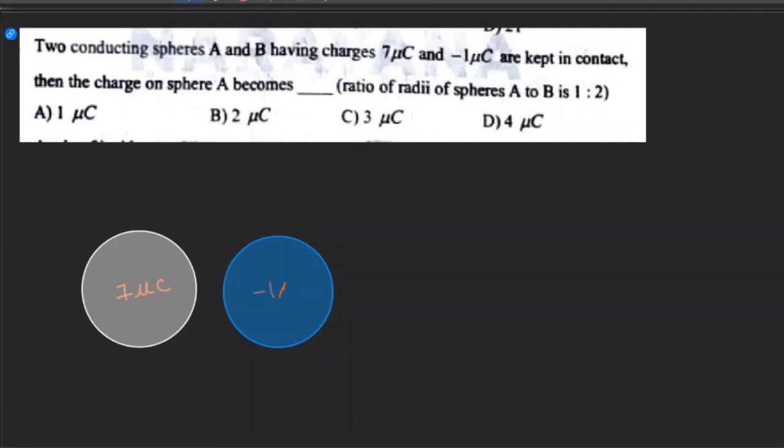If I bring them in contact, the charge will share equally. So 7 minus 1 will be 6, and 6 by 2 will be 3 microcoulomb and 3 microcoulomb. That is an easy concept, right?